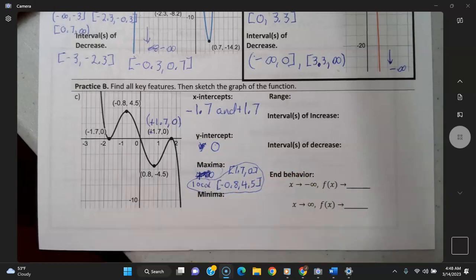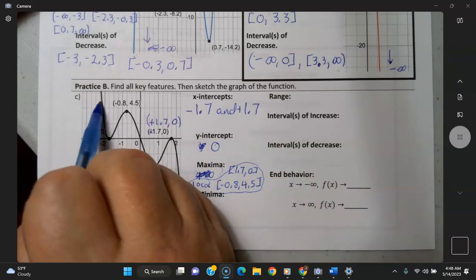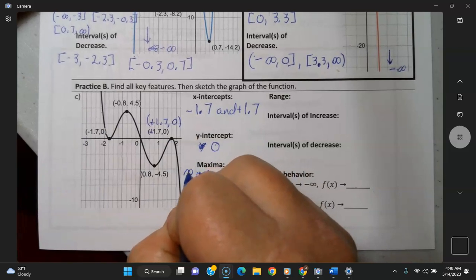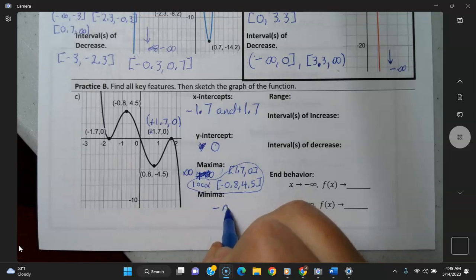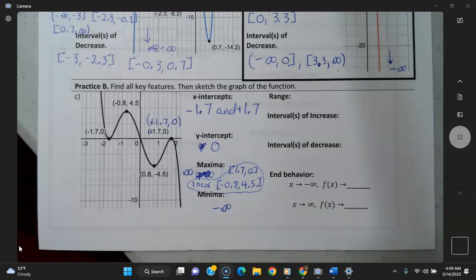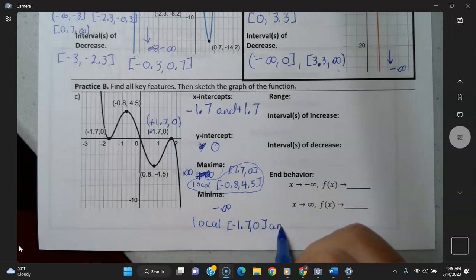The absolute maximum, okay, and the maxima is positive infinity. It goes as high as infinity up here. Okay, the minima is negative infinity down here, and there's two locals, one right there and another one right there, 0.8, negative 4.5.